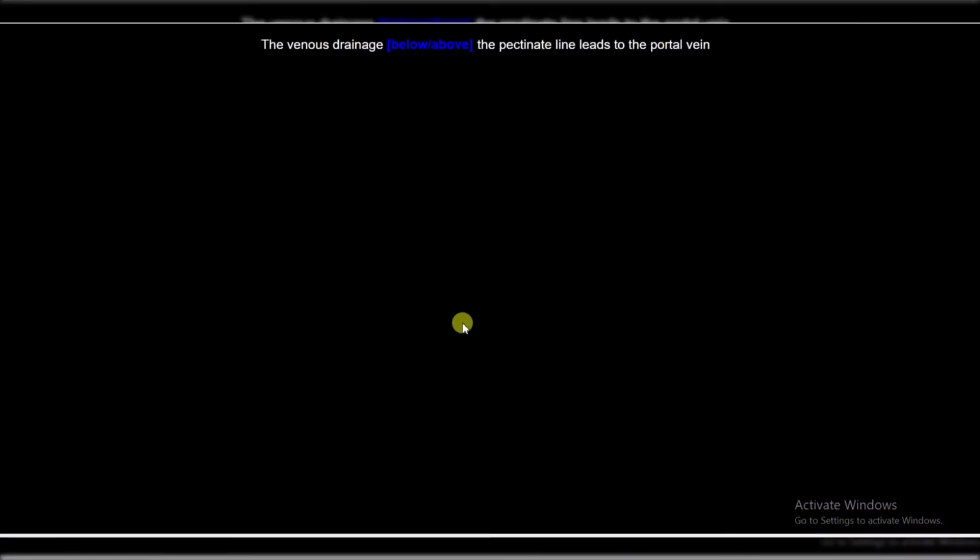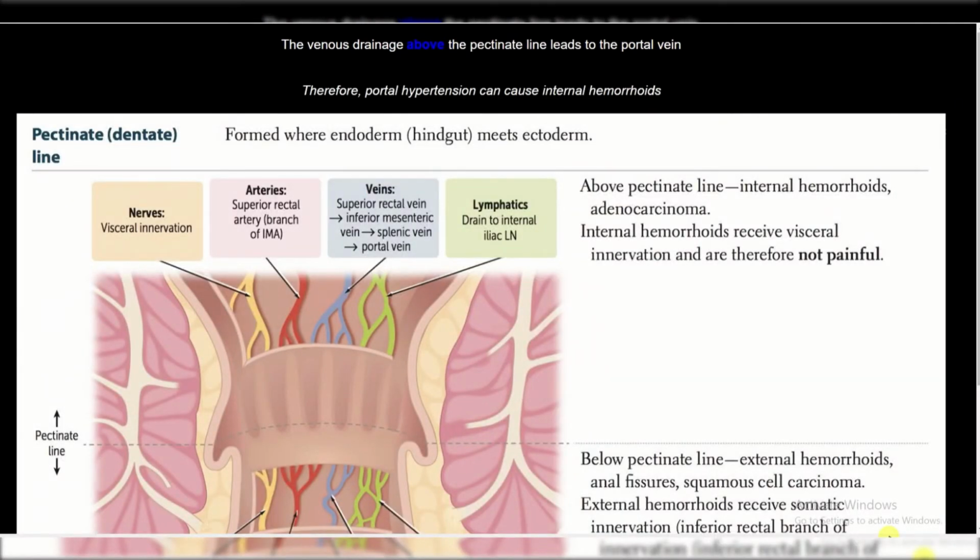Okay, next question. The venous drainage below or above the pectinate line. We already studied about the pectinate line, so let's go through it very fast. The answer is that the venous drainage above the pectinate line leads to the portal vein. You already know, we already studied.